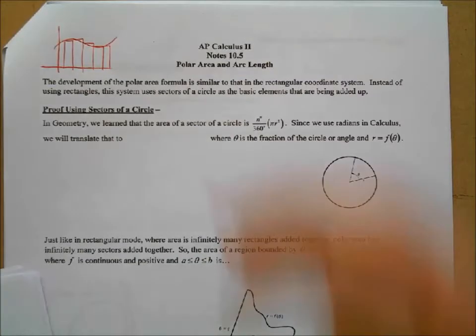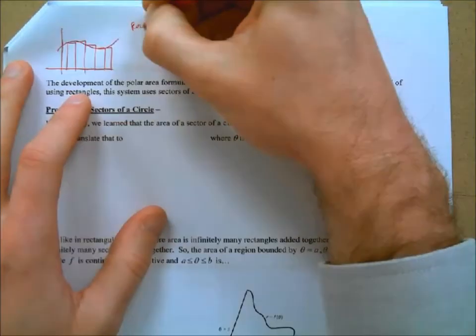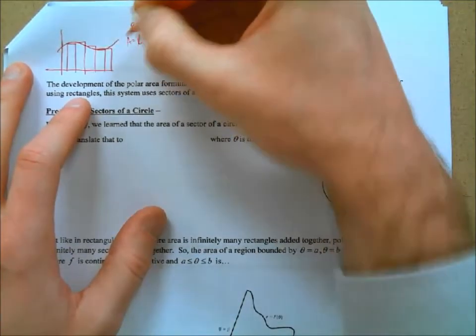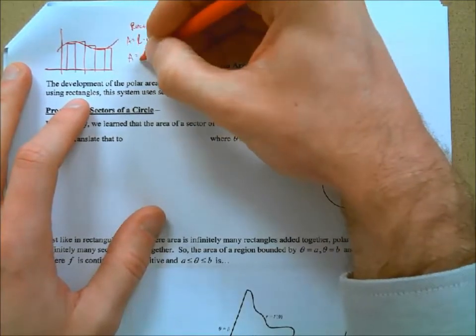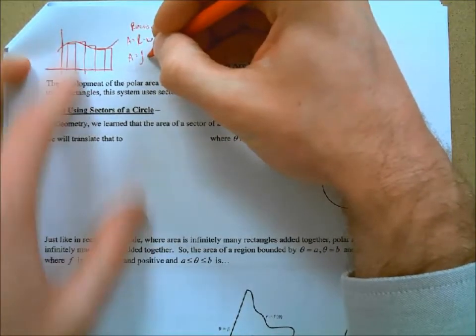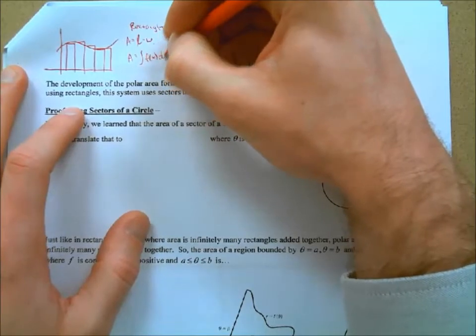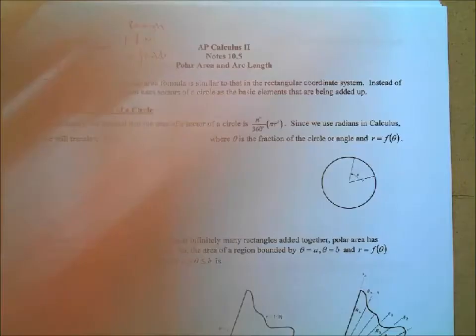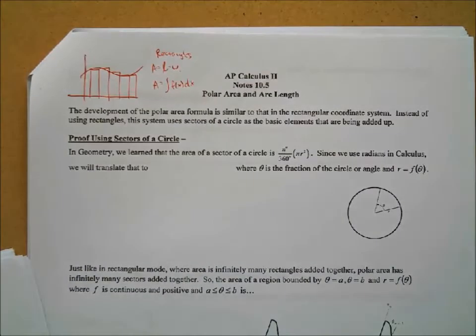So we use the area of the rectangle, which is length times width, but we do it in a calculus way, where we take the height of the rectangle determined by the function, multiply it by the infinitesimal width, and we add up the integration as a sum of an infinite number of those little rectangles, and that's how we get the area in rectangular coordinates.